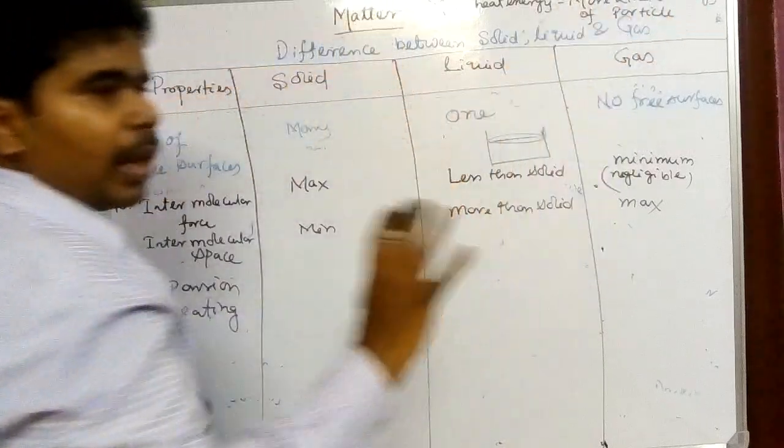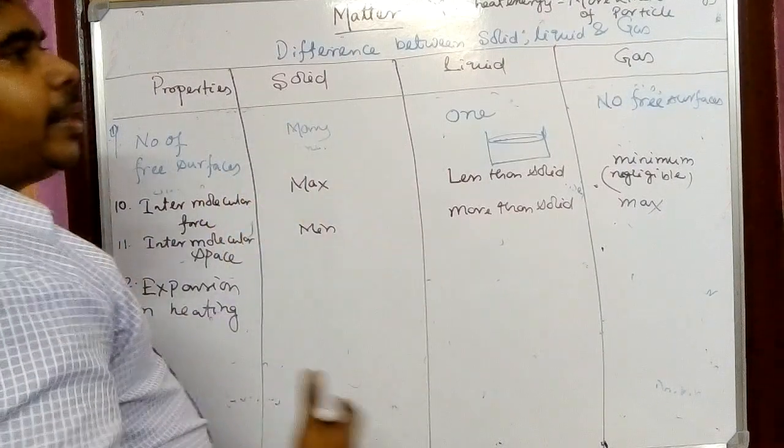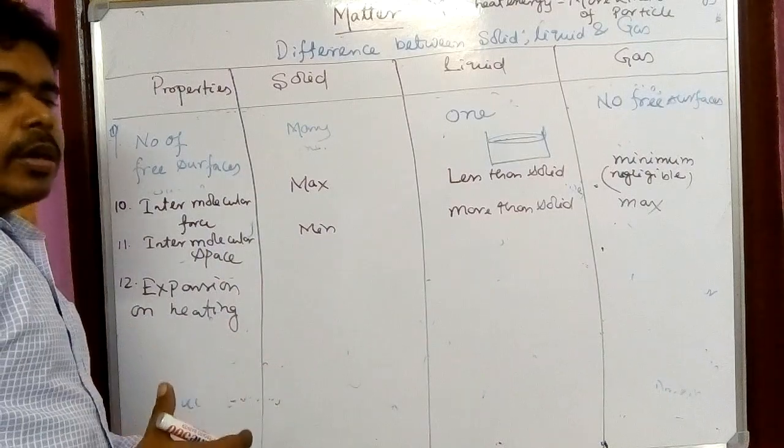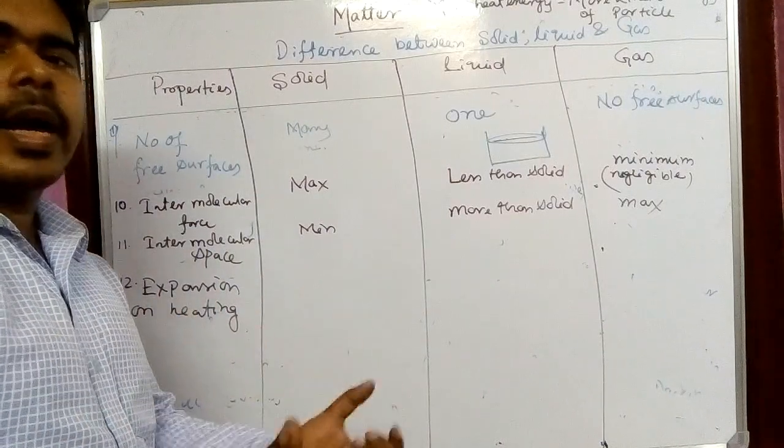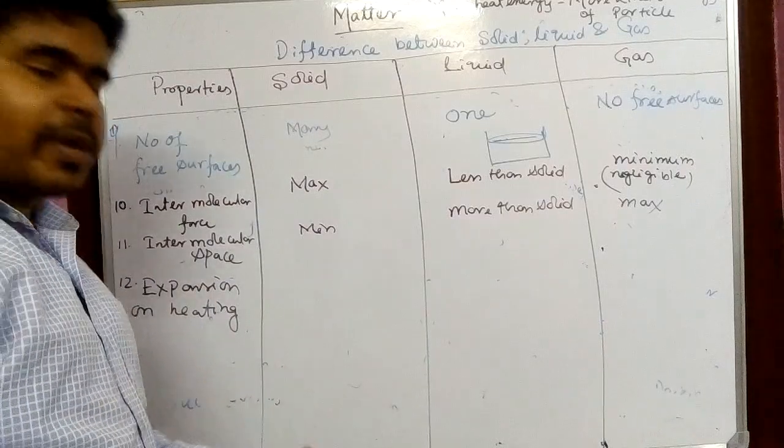So if you supply heat energy to a substance, the particles are moving more. If they are moving more, their kinetic energy will be more. So if they are moving more, they will take more space than initially, and they will expand.